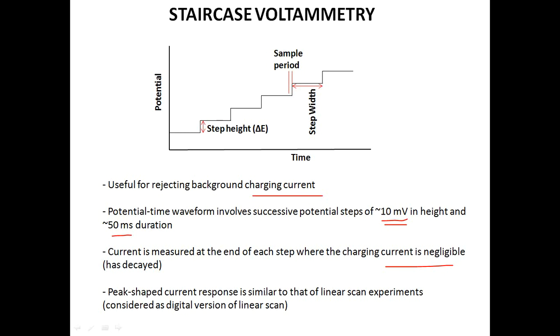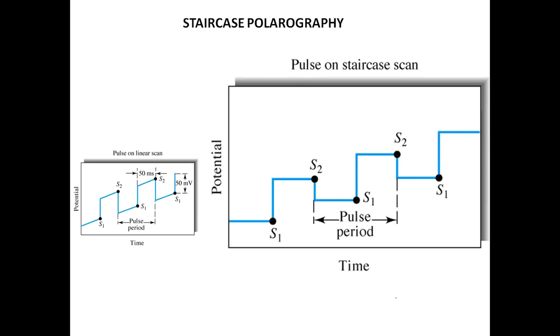The peak-shaped current response is similar to that of a linear scan system; that is, a peak-shaped polarogram is obtained. You can see here the DPP, the differential pulse one, where to a potential ramp you apply an equal potential pulse every time, a 50 millivolt pulse, and you measure the current at two places: before the pulse is applied and at the end of the pulse.